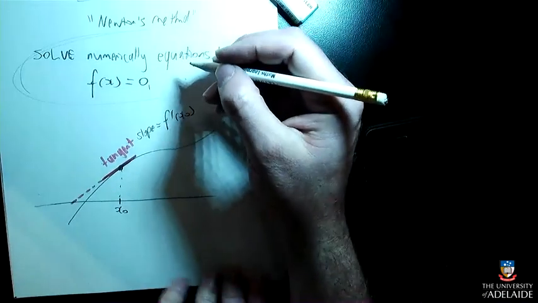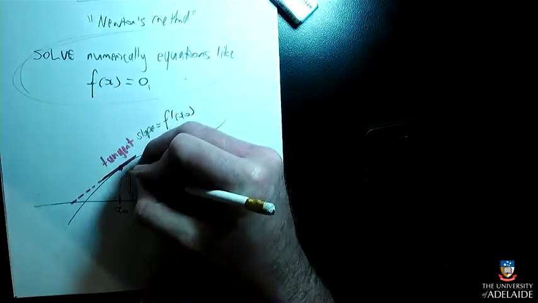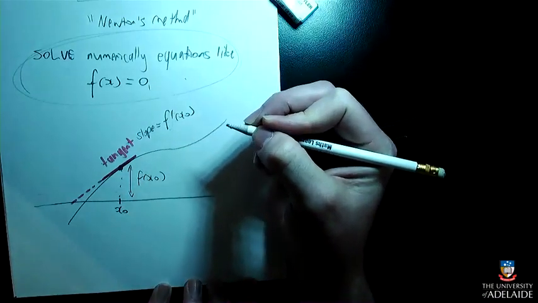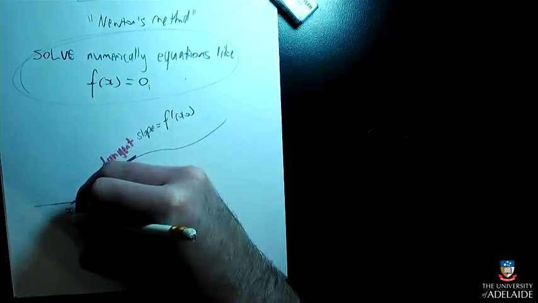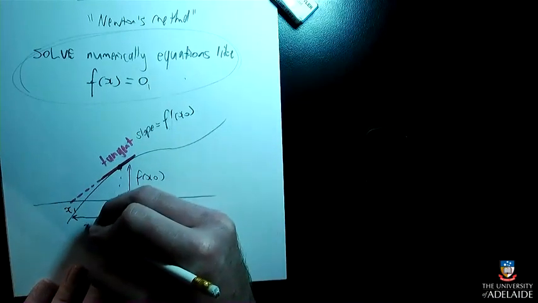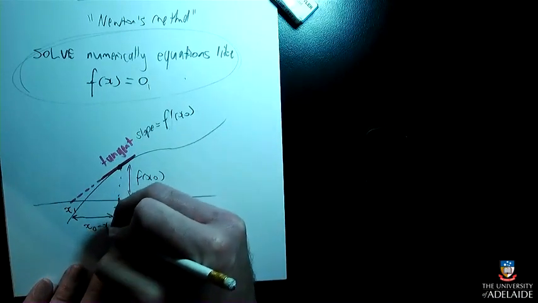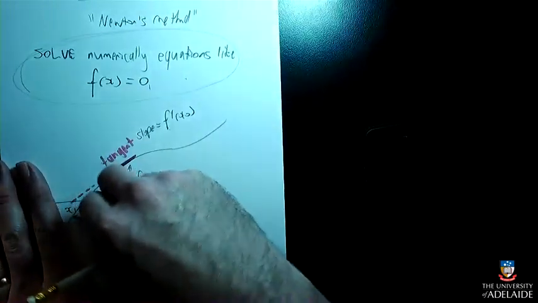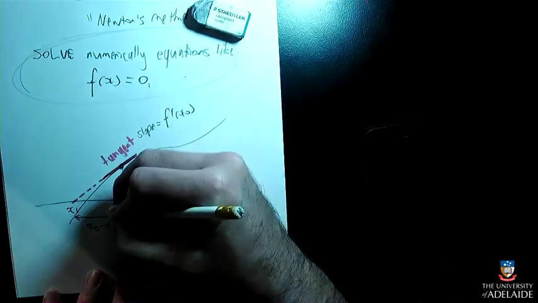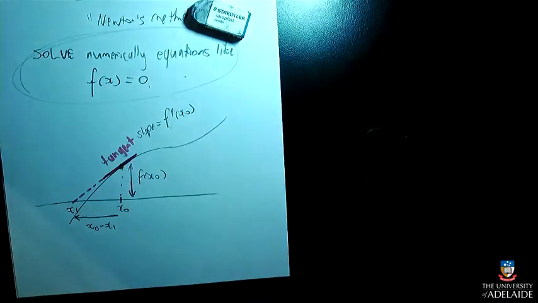So the slope could also be, that distance is f of x naught, because it's the function value, and if this is x1, this distance is, but I'm actually measuring it this way, right? So I've done x0 minus x1 so that it comes out as a negative number because it's going backwards.